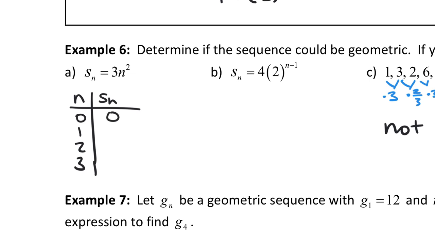Times 3 is 0. Okay, then we plug in 1. What is 1 squared? Times 3. 2 squared times 3. And then 3 squared, 9 times 3. 27. Ooh, fall break did us in, didn't it?